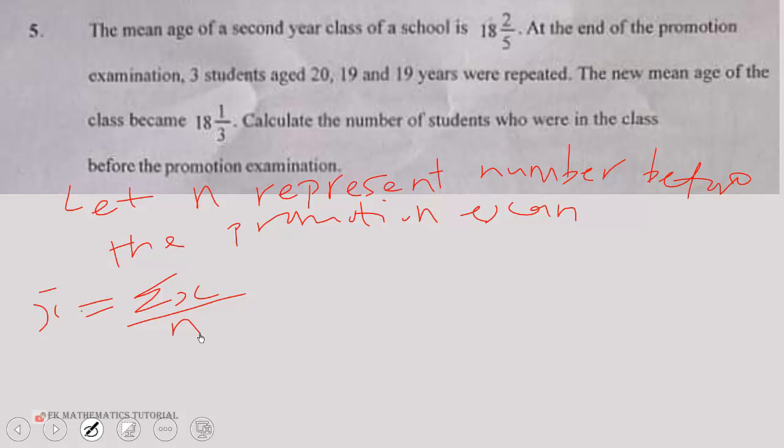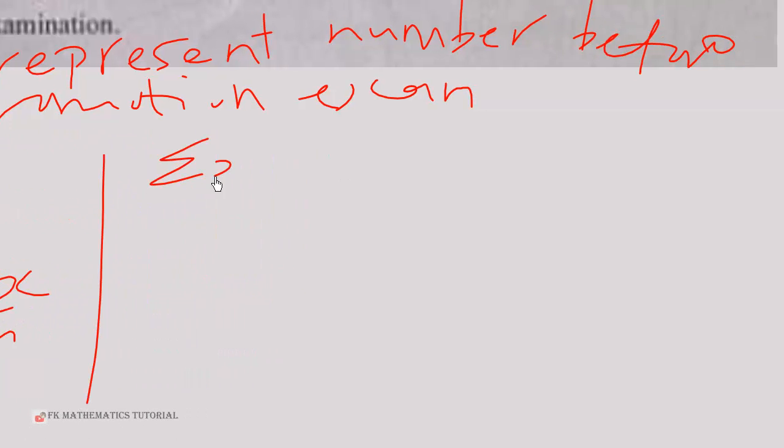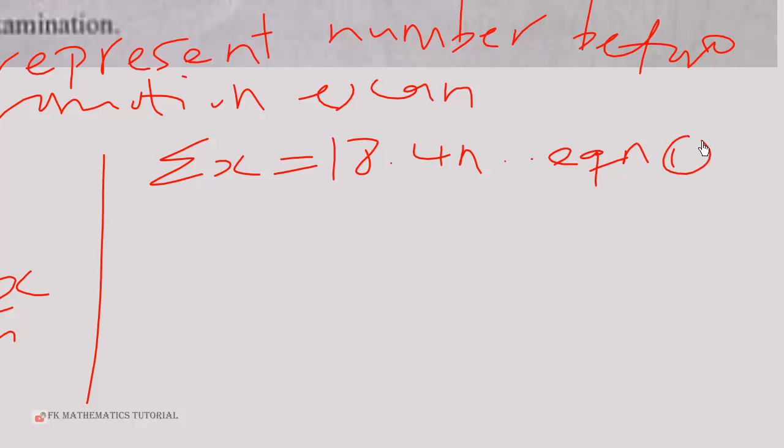We're told that the mean is 18 and 2 over 5, which is the same as 18.4. So 18.4 is equal to summation x over n, which means summation x will be equal to 18.4n. I can call this equation 1.